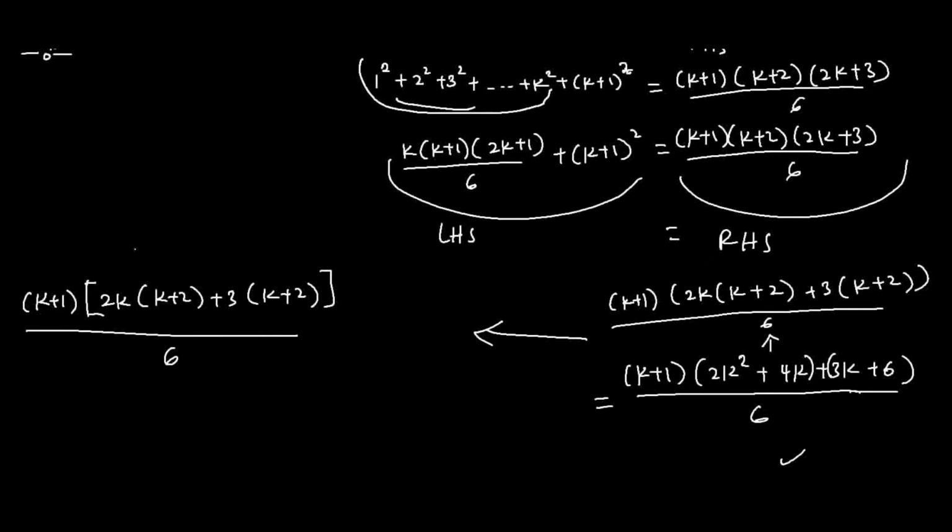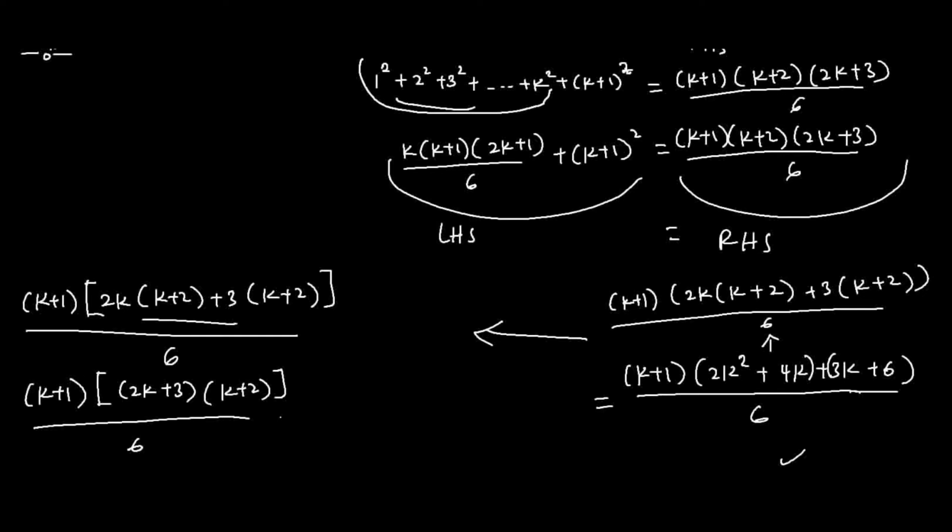So I'm going to rewrite this as k plus 1 multiplying, so we factor this value that we have here, 2k plus 3, and then times k plus 2, all this divided by 6.